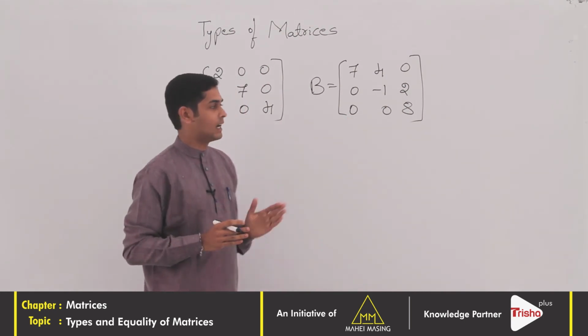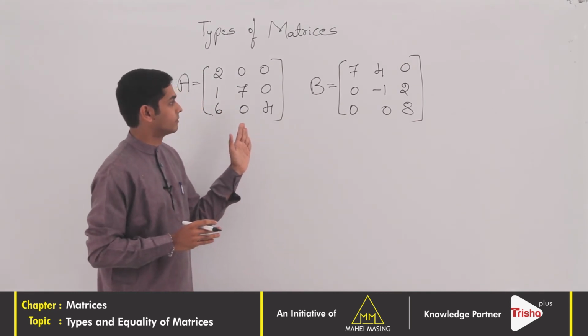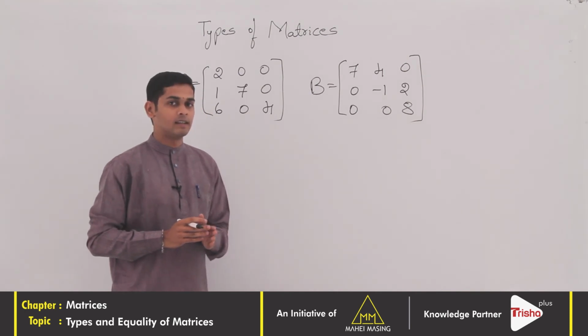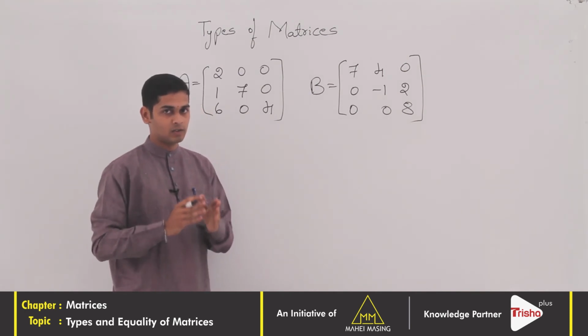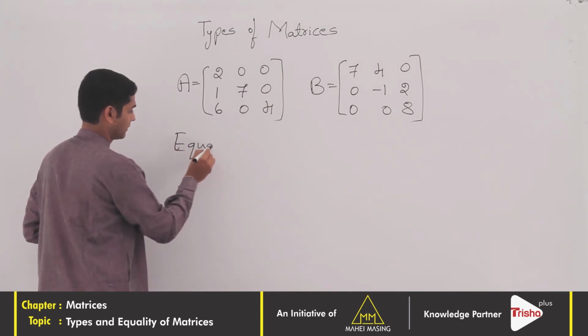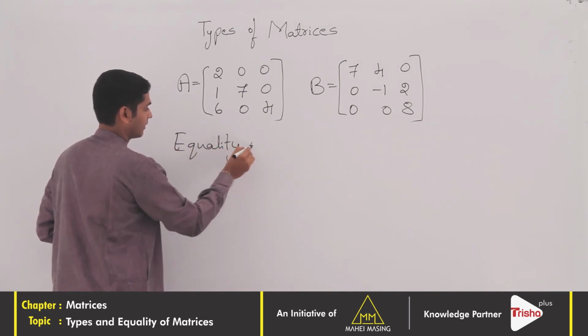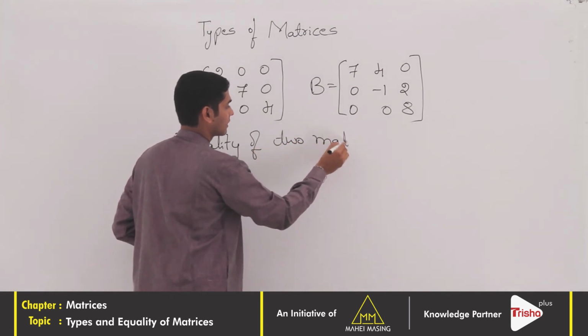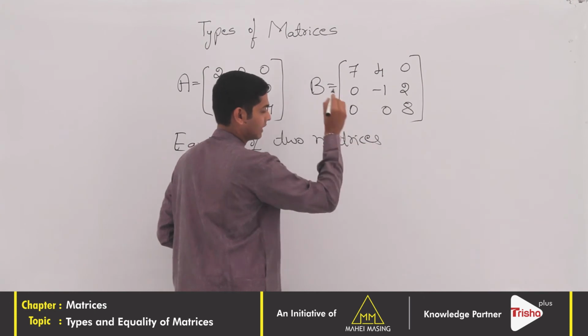Next, after these types of matrices, let me consider equality of two matrices. When are two matrices said to be equal?